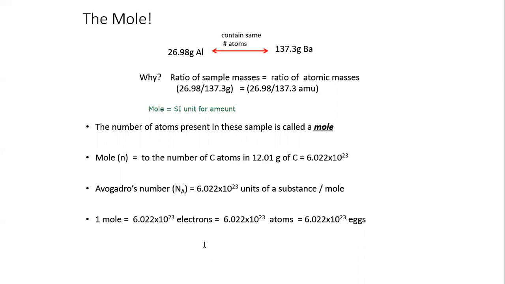And so, for example, just to give you a little prequel, if we're dealing with covalent compounds, those are compounds with nonmetals. Their entities are molecules. So they're made up of molecules. So one mole of, for example, methane has 6.022 times 10 to the 23rd molecules of methane.